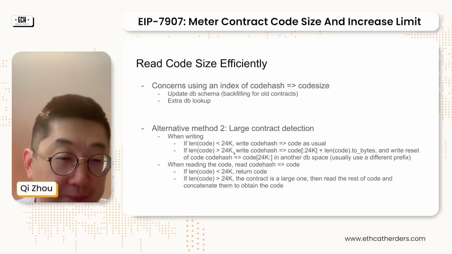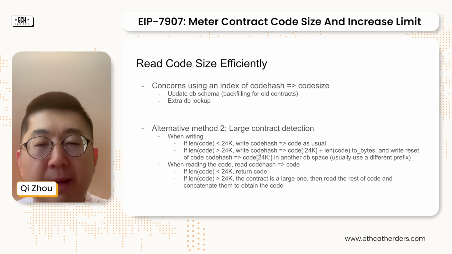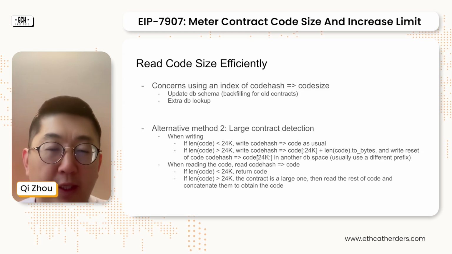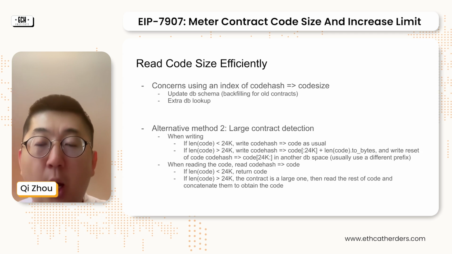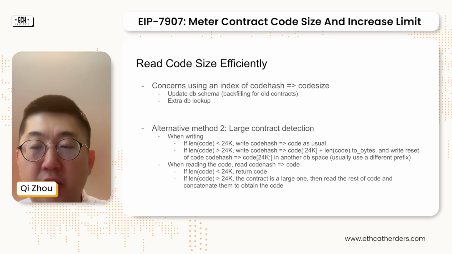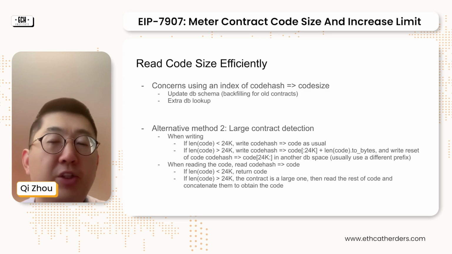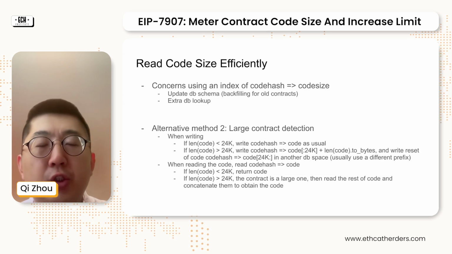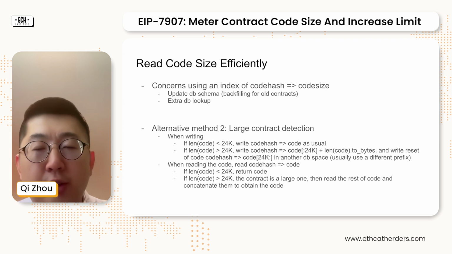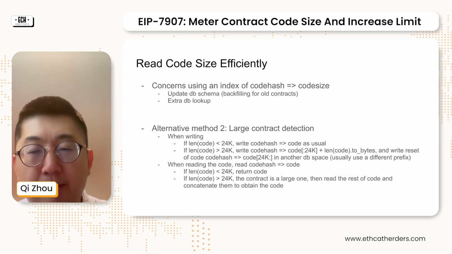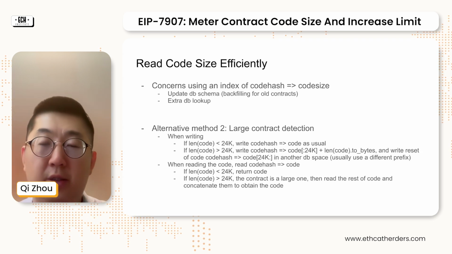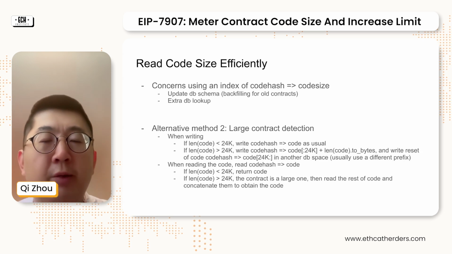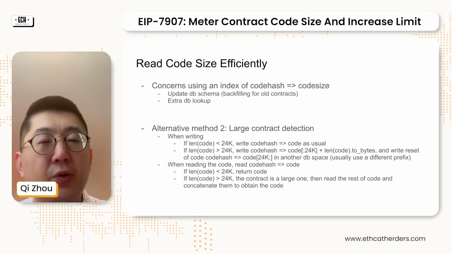This is how we write a special code when writing, so that when reading a contract, we can detect, oh, this is a really large contract and this is its size, without introducing additional indexing or additional DB reads, just reading two pieces of data. The first is the first 24 kilobytes of data plus the metadata of the code size, and then we read the rest of the code and put it together to obtain the full code. So this is another solution.